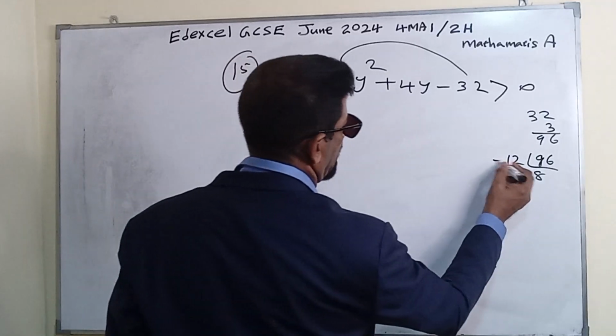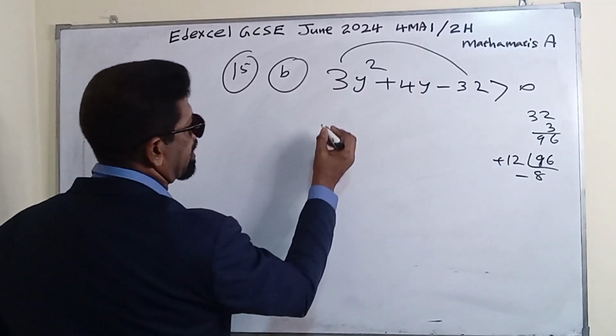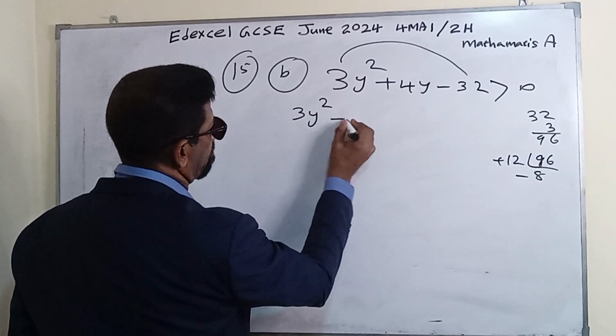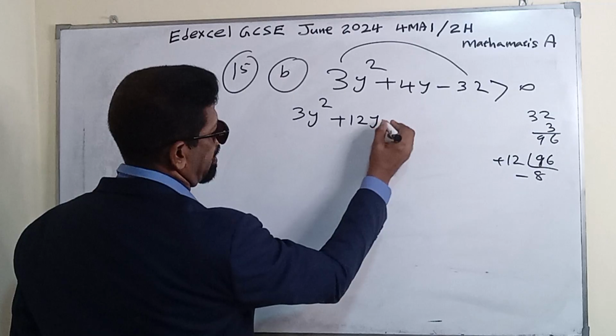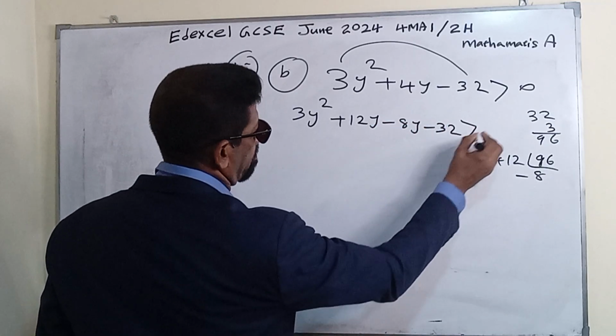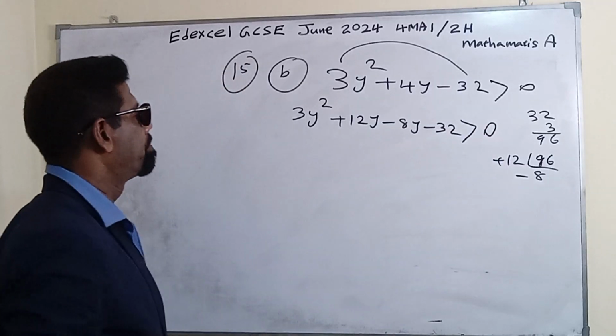That plus 12 minus 8, factorize: 3y squared plus 12y minus 8y minus 32 greater than 0.